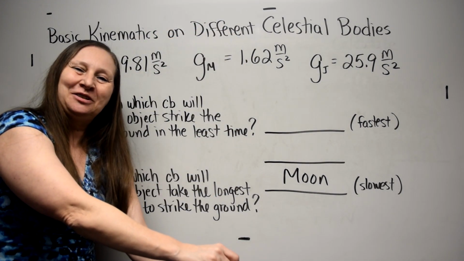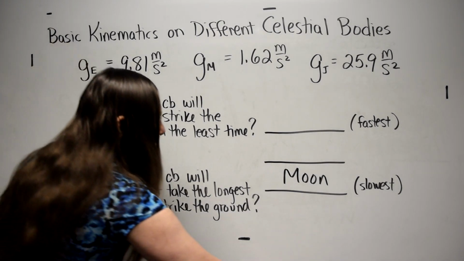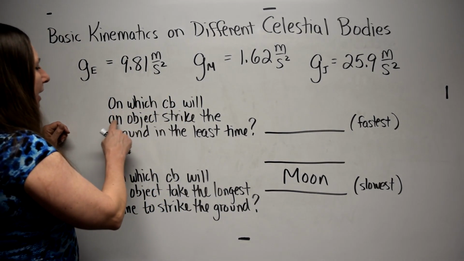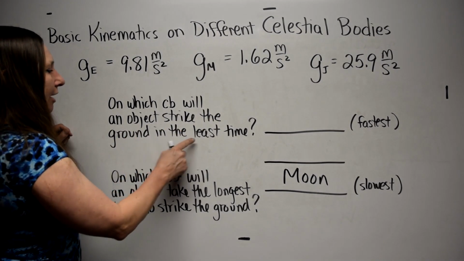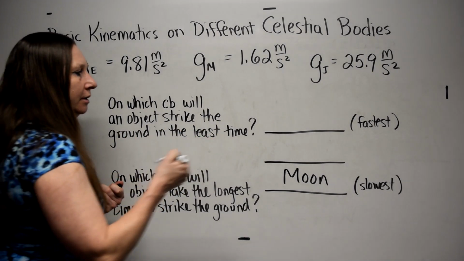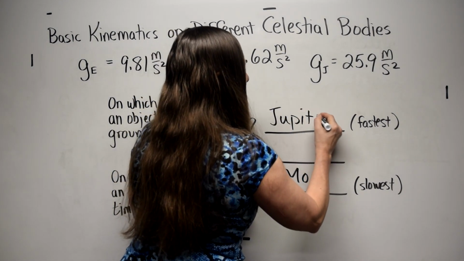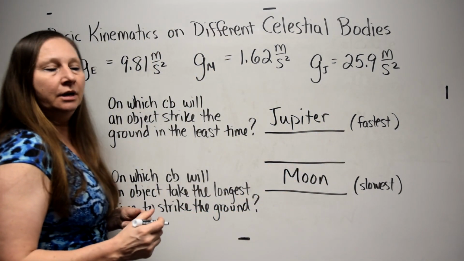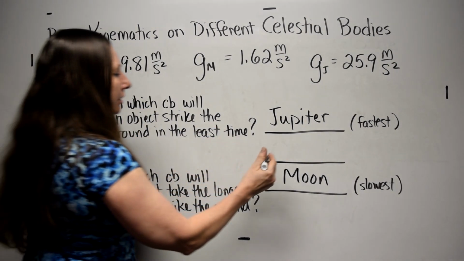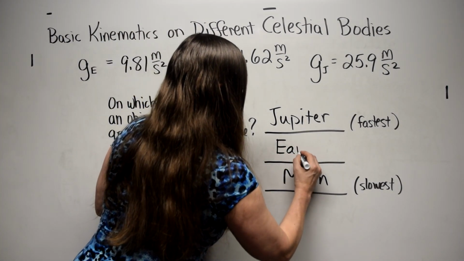Maybe even a little faster than that. All right, so on which celestial body will an object strike the ground in the least amount of time? In other words, the fastest. That's going to be Jupiter. These are our predictions. And then, of course, the number for the Earth is somewhere in between.